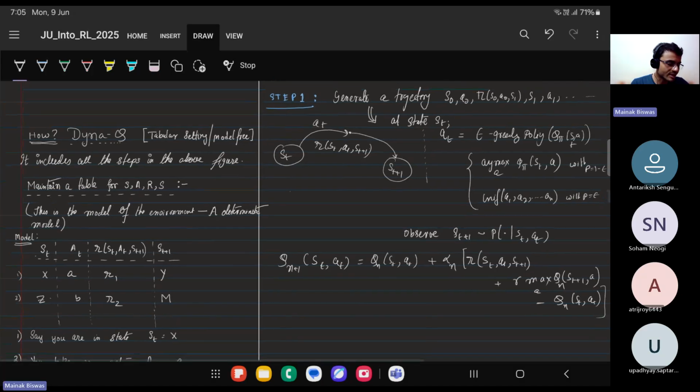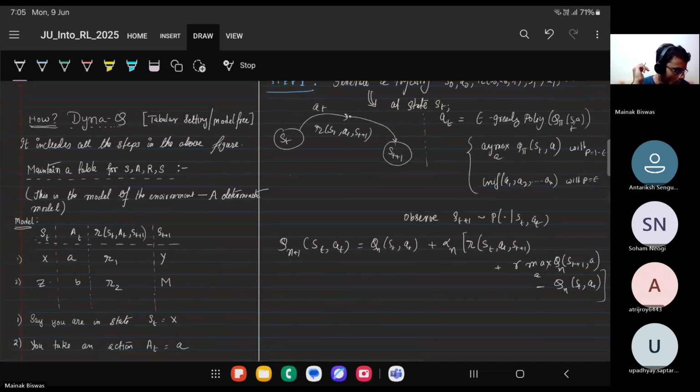Okay. So if it is fine, what I'll do now is I will also save this as a deterministic table. What do I mean?